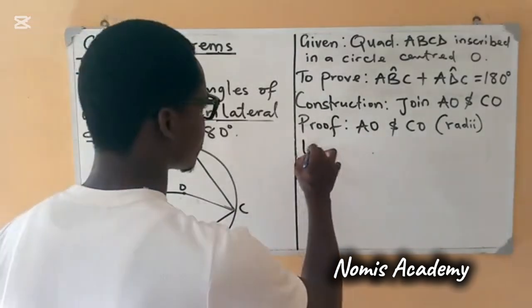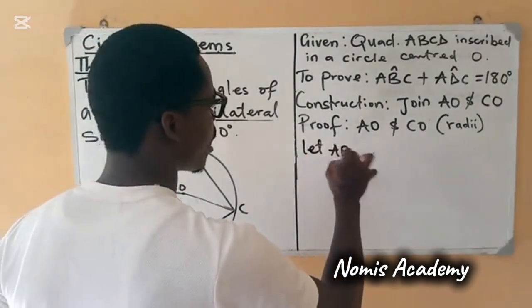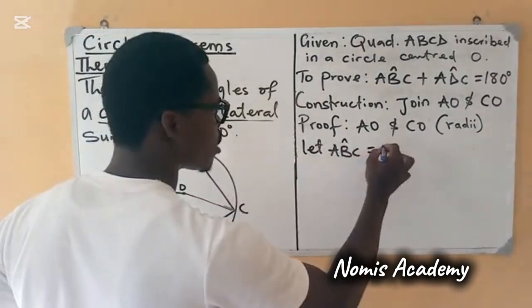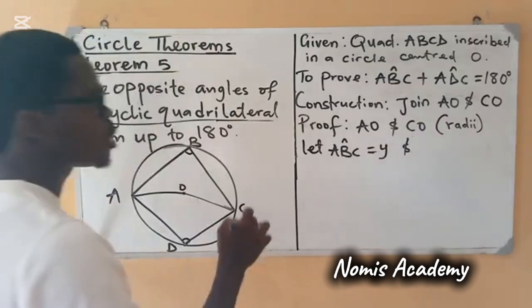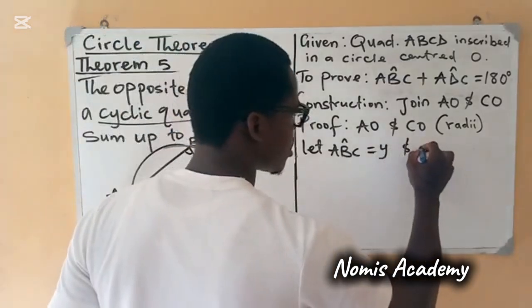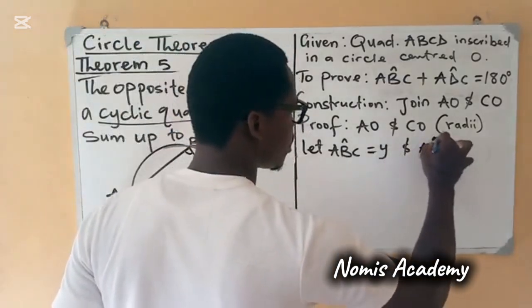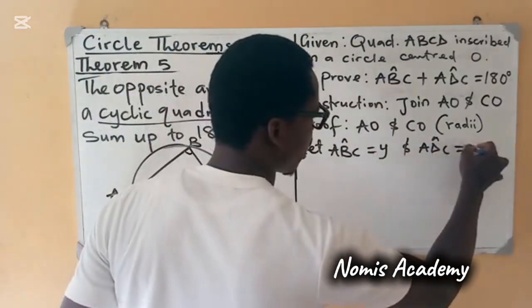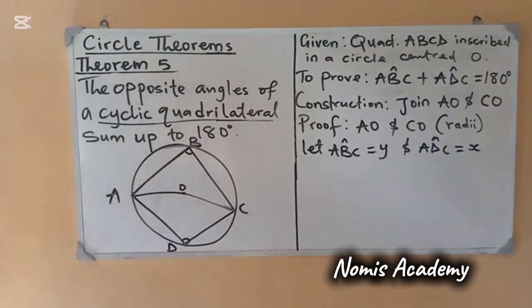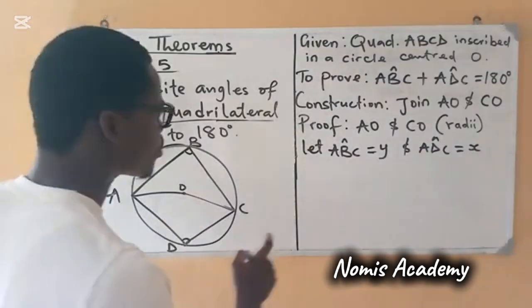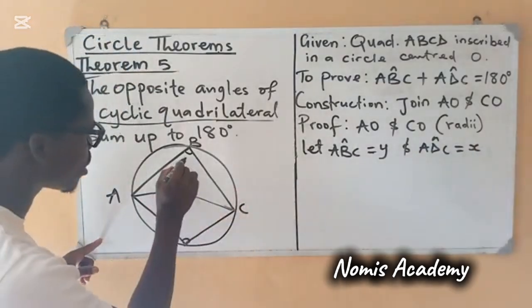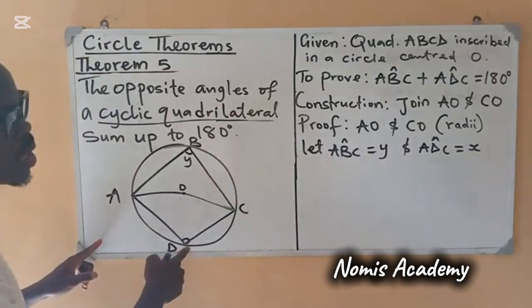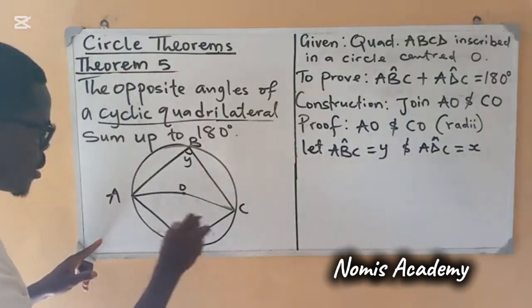Now let angle ABC be y and angle ADC be x. Okay, now we agree that this angle ABC is y and then ADC is x.